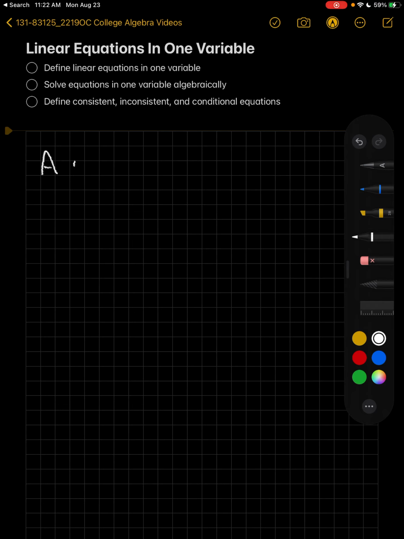So a linear equation in one variable is the equation of a straight line.